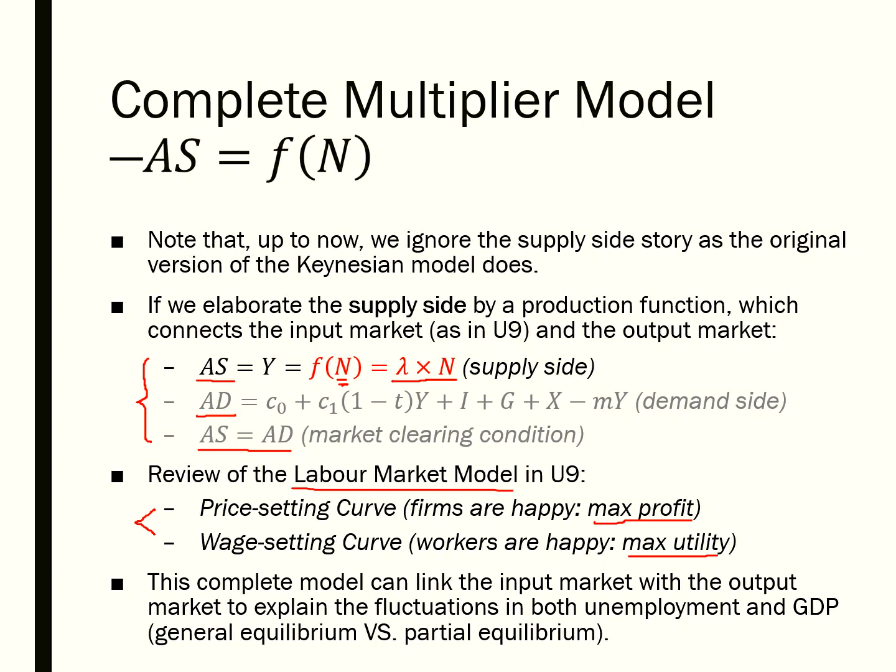So if you only explain the input market or only explain the output market, that is called partial equilibrium, because you only explain the equilibrium in one particular market. But if you explain the equilibrium of all markets at the same time, then it is called general equilibrium analysis.